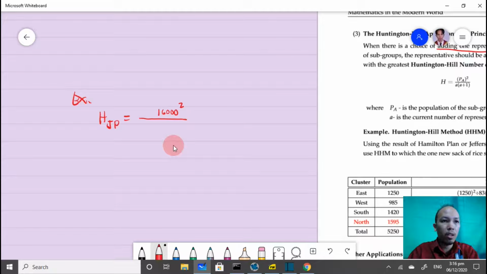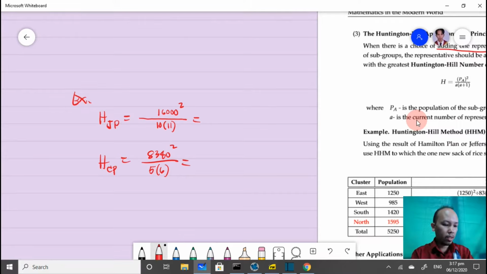You have to square that based on the formula. The current number of representatives assigned in the Jurassic Park is 10, so we have 10 times 11. For the College Park, I forgot, maybe that's 8,340. So 8,340 squared, and it was assigned 5, so 5 times 6. So calculate that number.